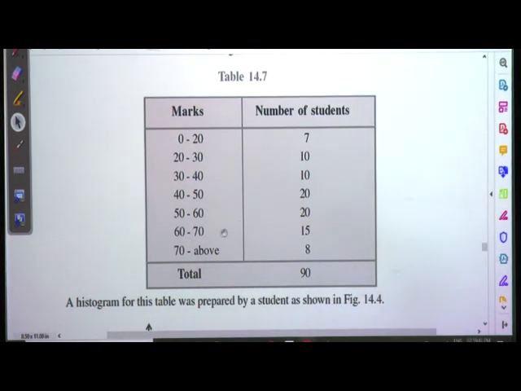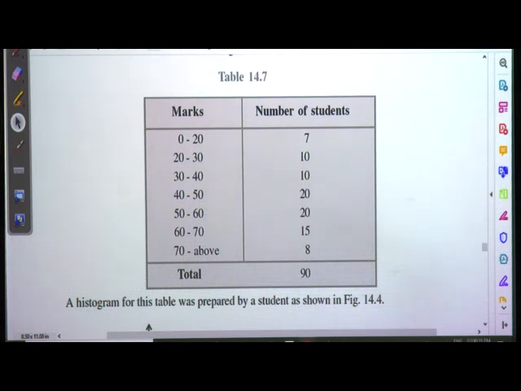I will repeat it. For 60 and above, they are 15 plus 8, because we have to consider the class 60 to less than 70 and 70 and above. So the number of students together is 15 plus 8 is 23, and here less than 20% of marks, as mentioned in the question, number of students are 7.